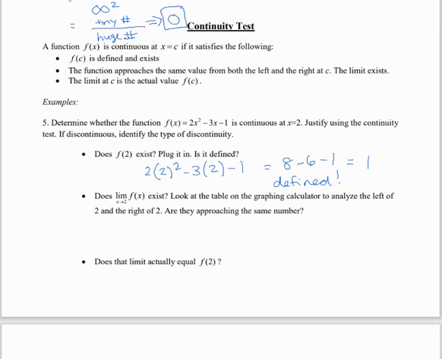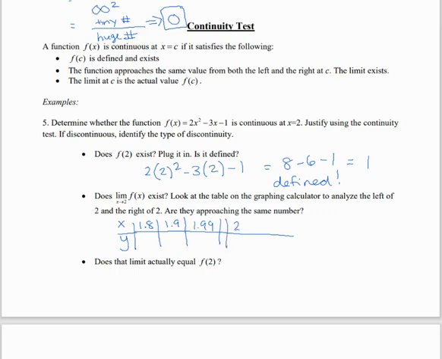Now the question is, am I continuous at that point? From the left and to the right, do I both come to reaching that value of 1? So look at the table on the graphing calculator to analyze the left and right of 2. Are they approaching the same number? That's where our chart is. With my x values and my y values, or f of x, I would test, for example, 1.8, 1.9, 1.99, and then we have our value of 2.